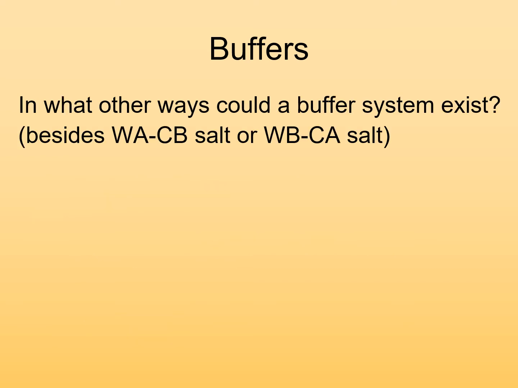So there are other exceptions of solutions that can be a buffer, even if it isn't a weak acid with its conjugate base or a weak base and its conjugate acid. One way you can have this is with an amphoteric ion.